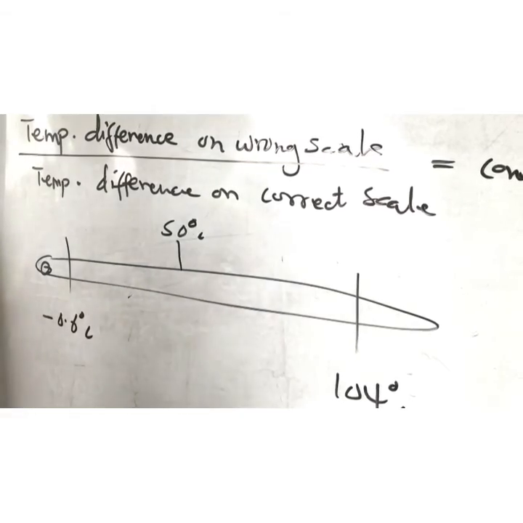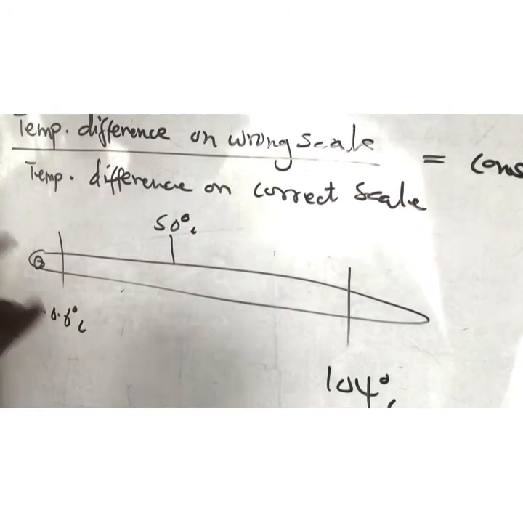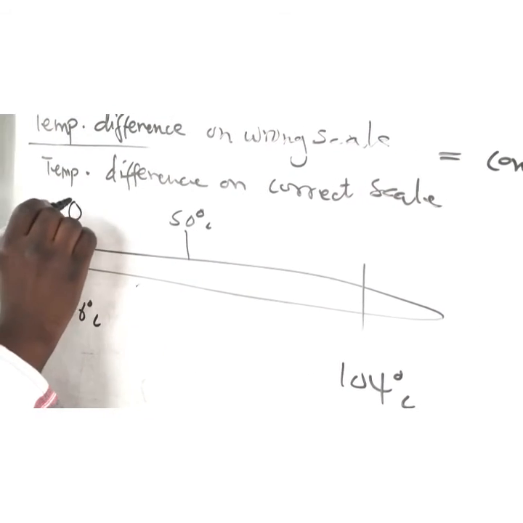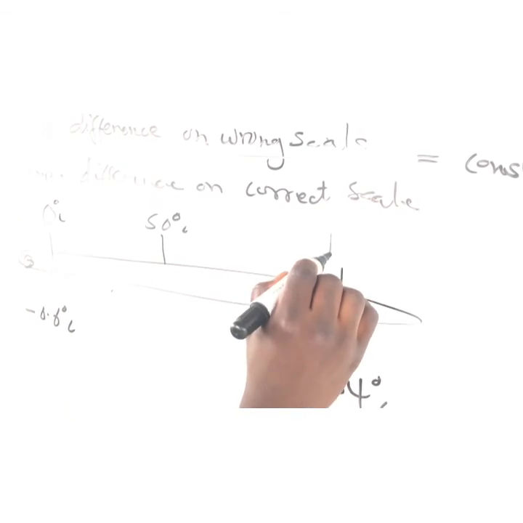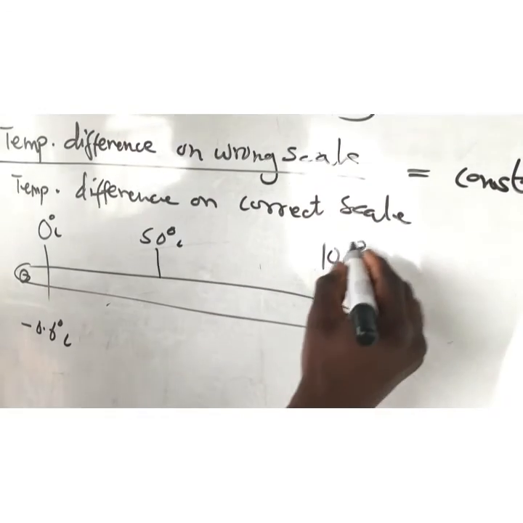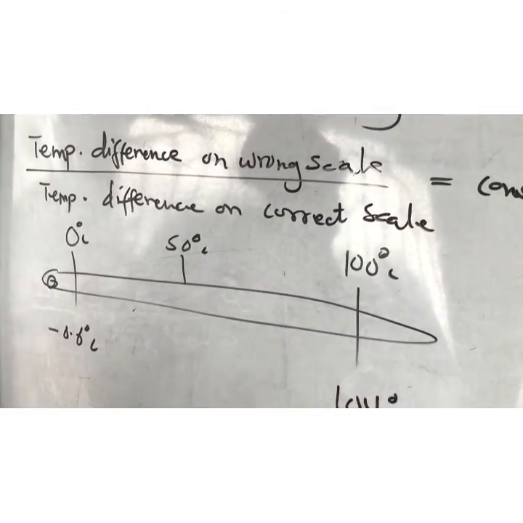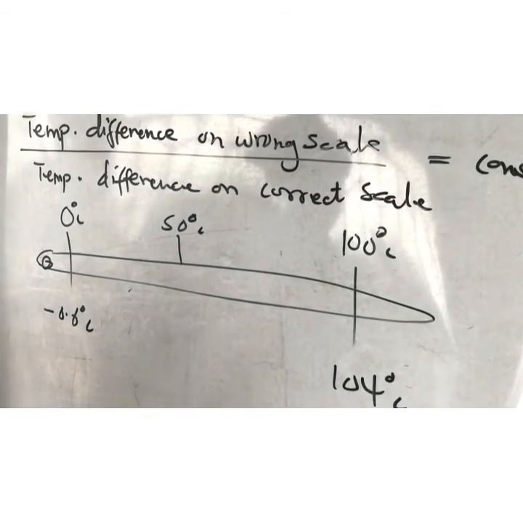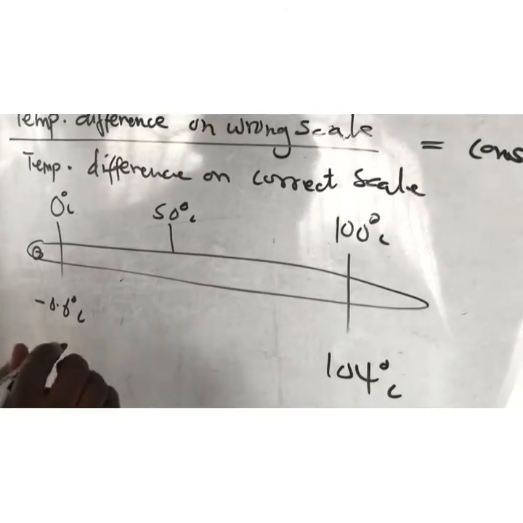So on the perfect scale of the degree Celsius of the thermometer, here is 0 degrees Celsius, and then here will be 100 degrees Celsius. So instead of the thermometer reading from 0 to 100, it was reading negative 0.6 to 104. This clearly shows that the thermometer is at fault. So we want the temperature here.